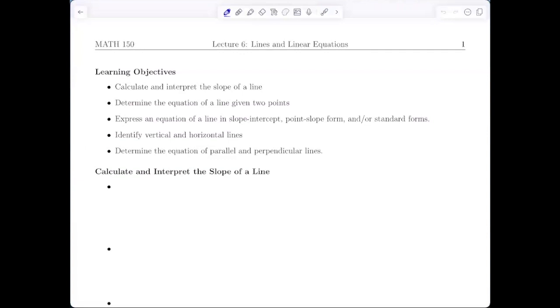So let P equal (x1, y1) and Q equal (x2, y2) be two distinct points.